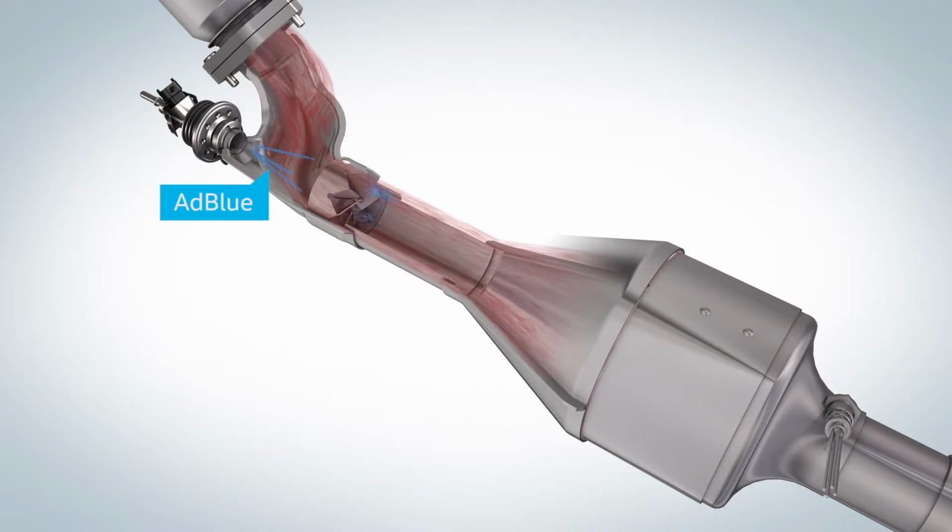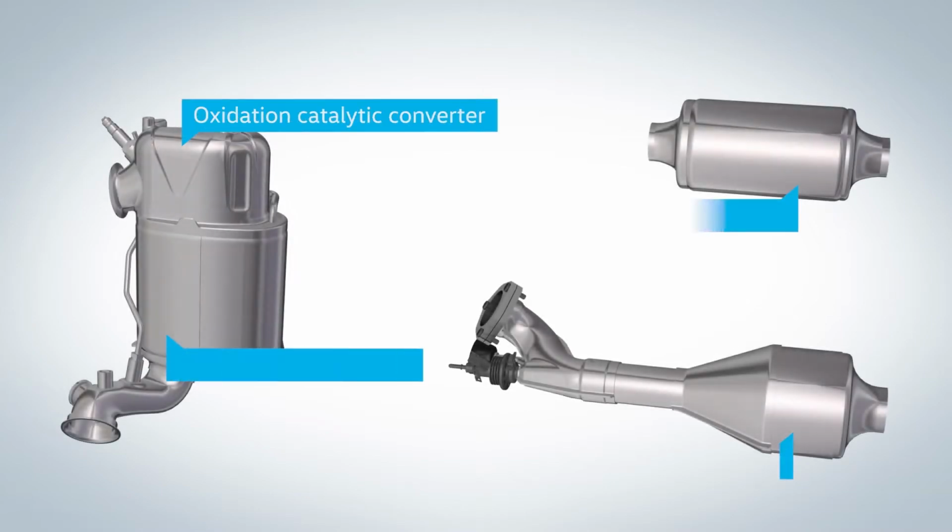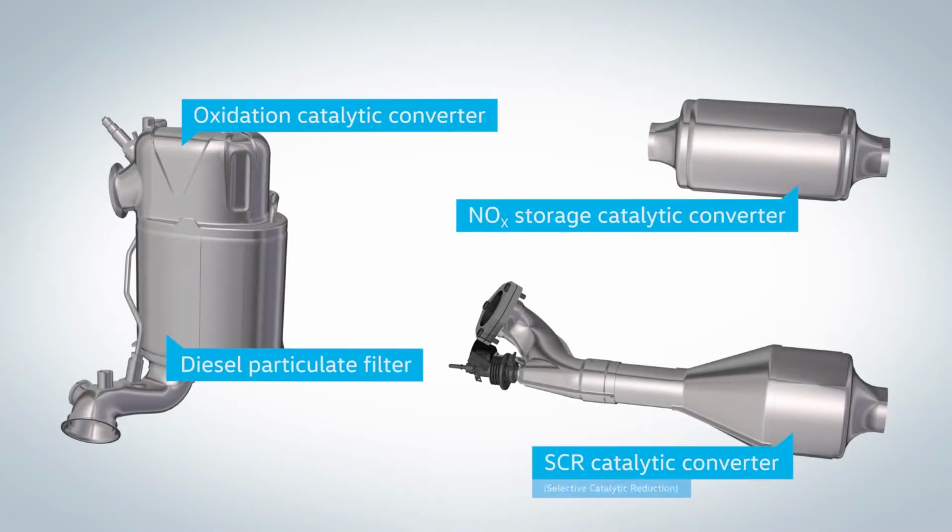Here, AdBlue, a water-based urea solution, is injected into the exhaust gas. After its conversion, water and again nitrogen are generated in the SCR catalytic converter. These technologies enable an effective elimination of diesel emissions and ensure compliance with the requirements on the markets worldwide.